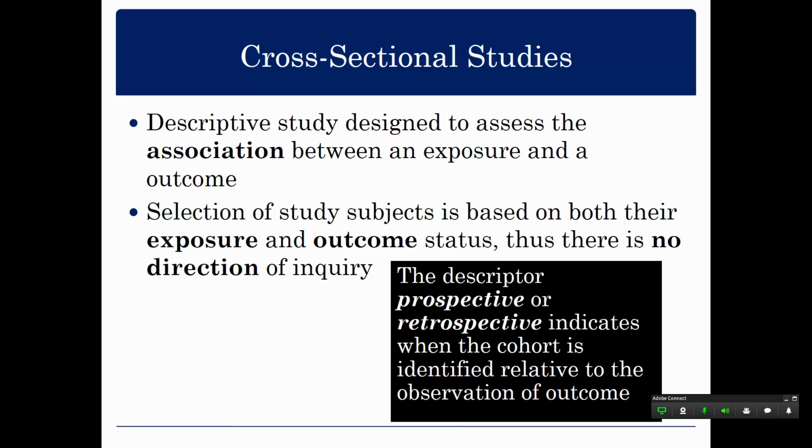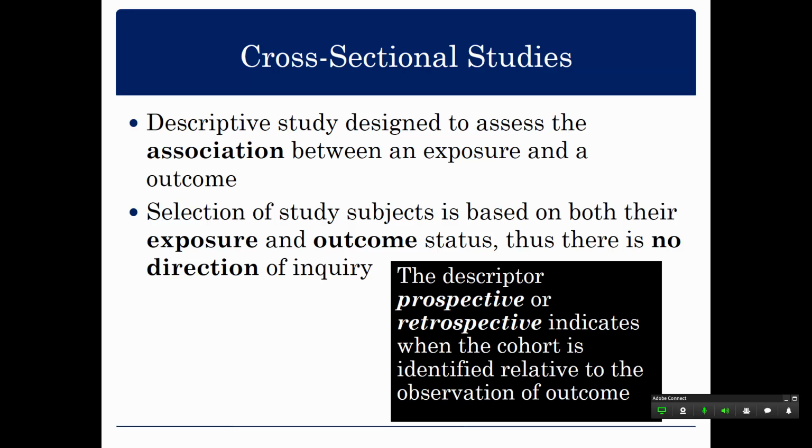So you calculate or you record this data simultaneously to determine who's actually in your study. So there's no directional, there's no temporal relationship between exposure and outcome. It's a single snapshot in time.